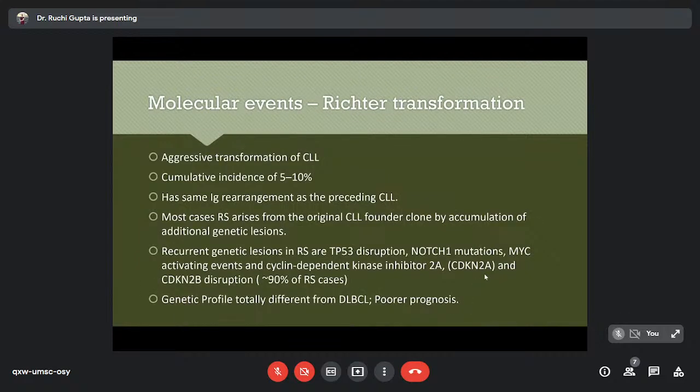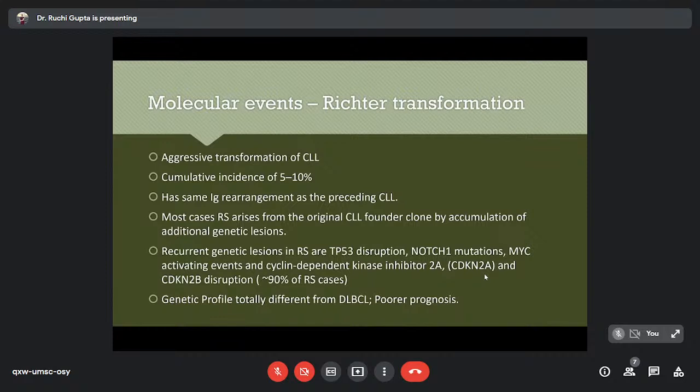So, just a few words about Richter transformation as well. This is an aggressive transformation of CLL with a cumulative incidence of 5 to 10%. It has the same immunoglobulin rearrangements as those preceding in CLL, but as just discussed, mutations in NOTCH1, SF3B1, and TP53 are much higher in these cases.